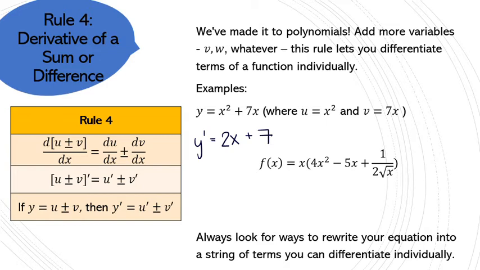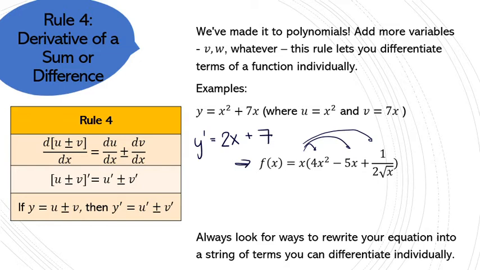Now, watch out for things like this question, where you see a multiplication. We haven't learned anything of the product rule yet. So instead of dealing with the multiplication, a product rule, something complicated, rewrite our equation. Distribute. Make this a polynomial with 3 terms.